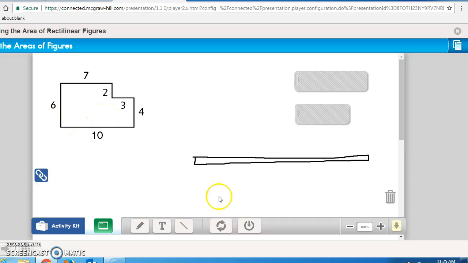Well, look, they both have right angles and parallel sides.